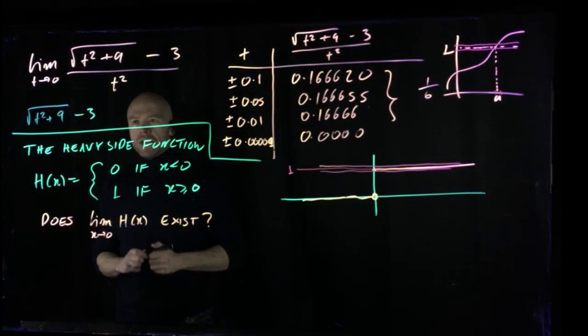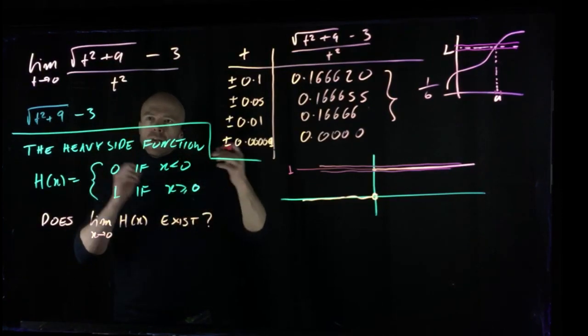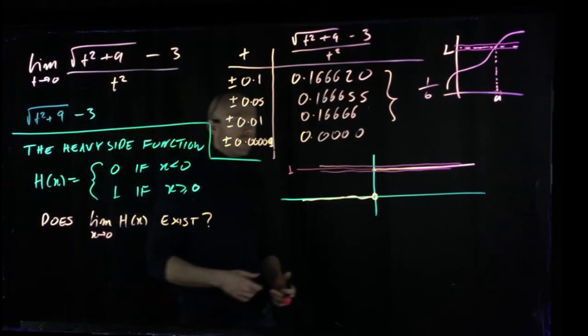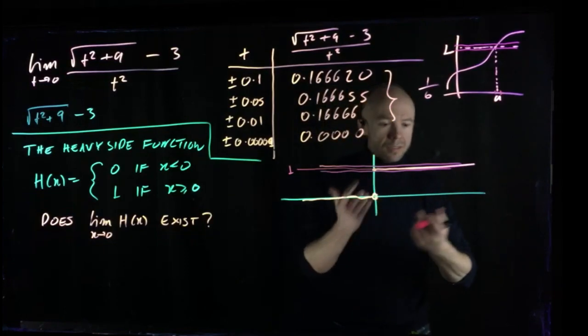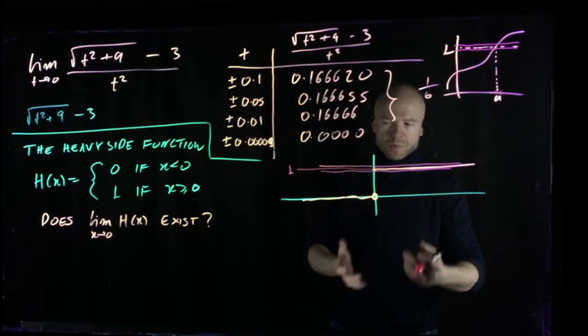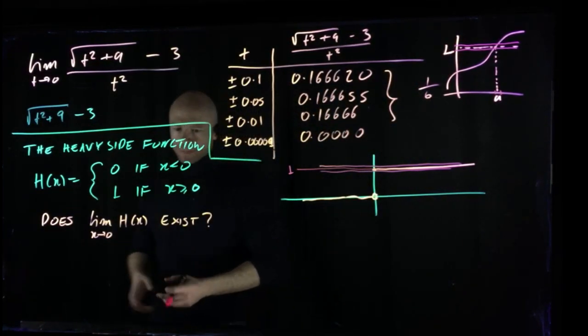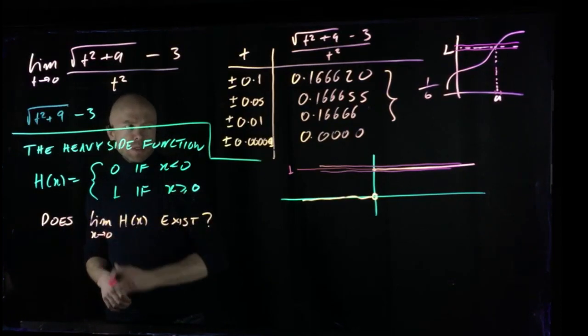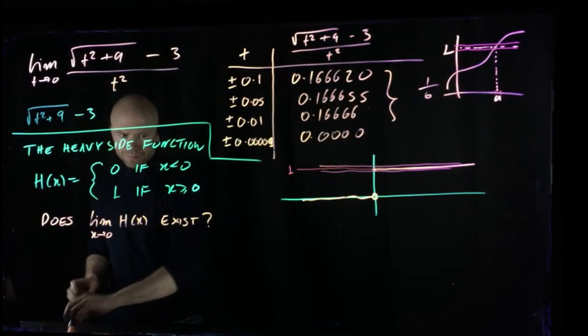We don't care about the actual value of the function at A. That's not inside the definition of limit. It just isn't noticed by the definition of limit. That's not important. Okay, so back to this. Does this limit exist? The answer is no.